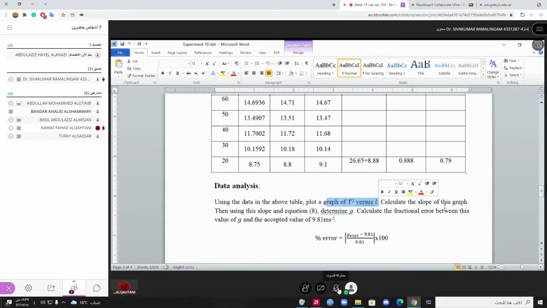Doctor, in the conclusion, the first part, calculating the T average, only calculate it for the first schedule? Yes. Okay.